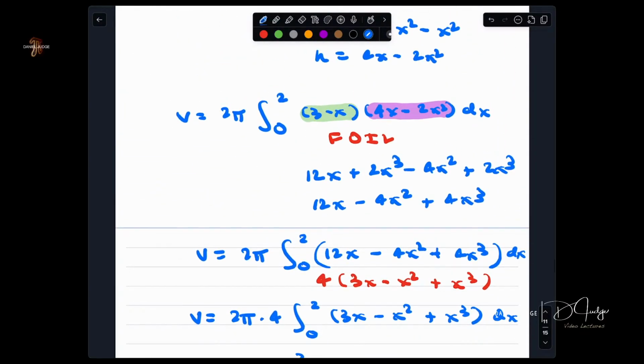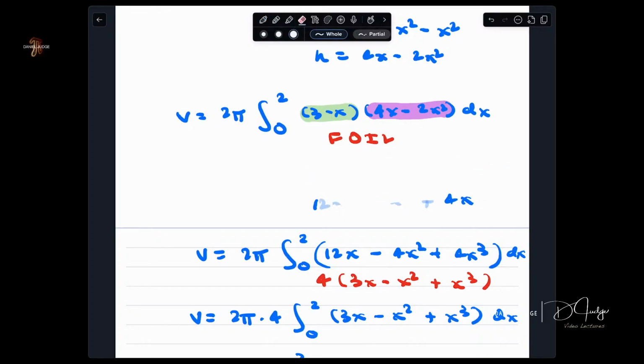Let's just double check we did FOIL okay. 4x minus 2x squared, 3 minus x. Let's see, did we do FOIL okay? Let me double check.